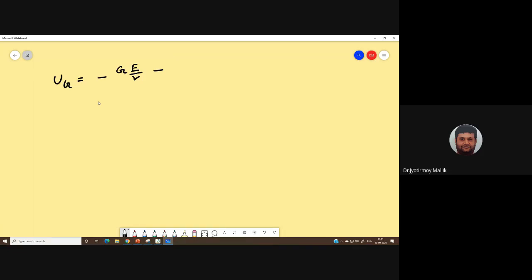I can write G (C minus A) by r cubed, times (3 cos squared theta minus 1) by 2.